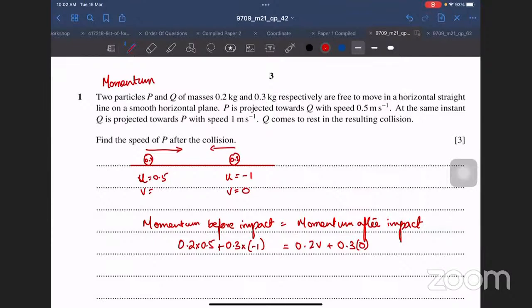Okay, solving this gives me 0.2 into 0.5 minus 0.3 divided by 0.2. I get minus 1. So the speed is 1 and the direction is reversed, although the question isn't asking you about the direction.